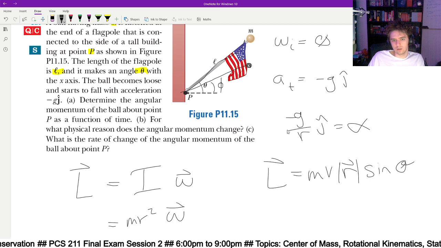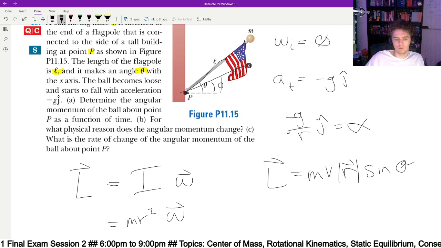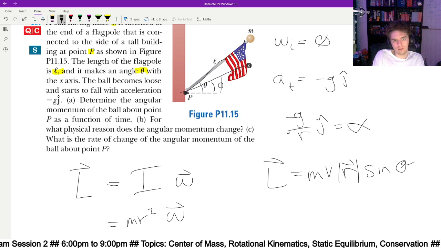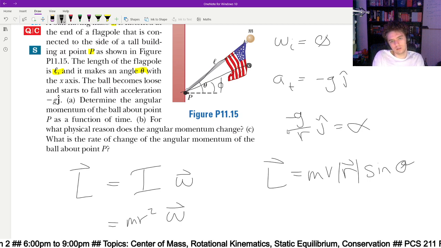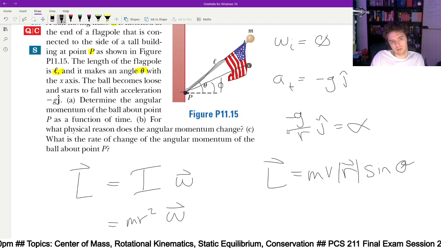Maybe do the conservation of angular momentum? In the beginning, the piece is together with the pole. There is that kind of mass.